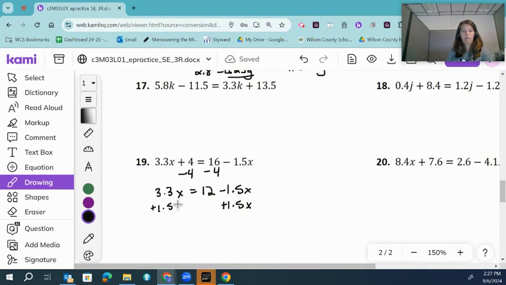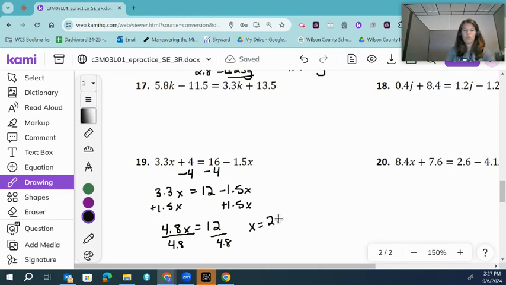I get 4.8x equals 12. Divide by 4.8. 12 divided by 4.8 in my calculator gives me 2.5.